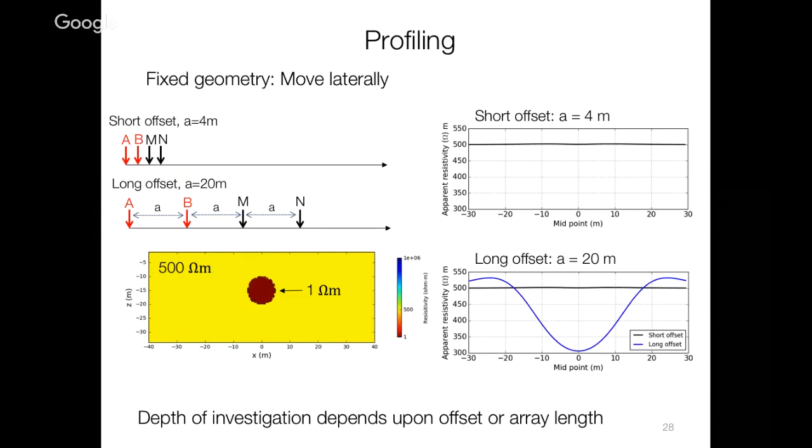I want to get the concept of profiling. With profiling, we're going to stick with a geometry. In this case, I'm going to stick with two potential electrodes, and we're just going to move across.